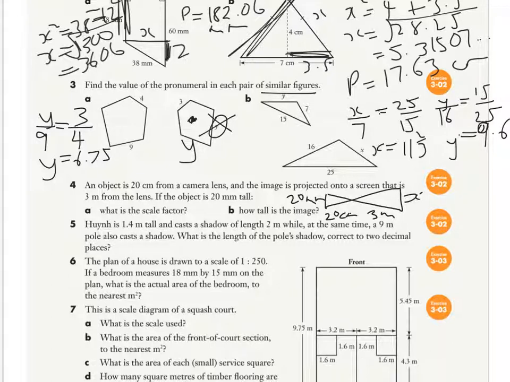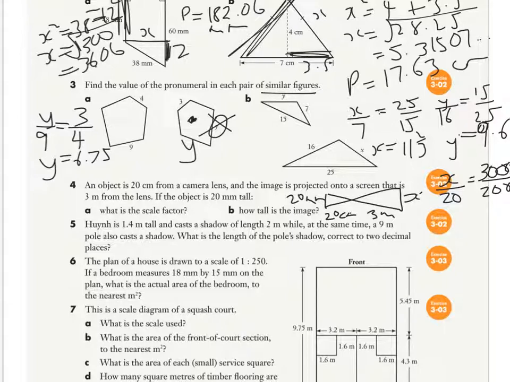Now in this case you need all the similar units, so it's going to be x over 20 millimeters must equal 3 meters, which is 3,000 millimeters, over 20 centimeters, which is 200.